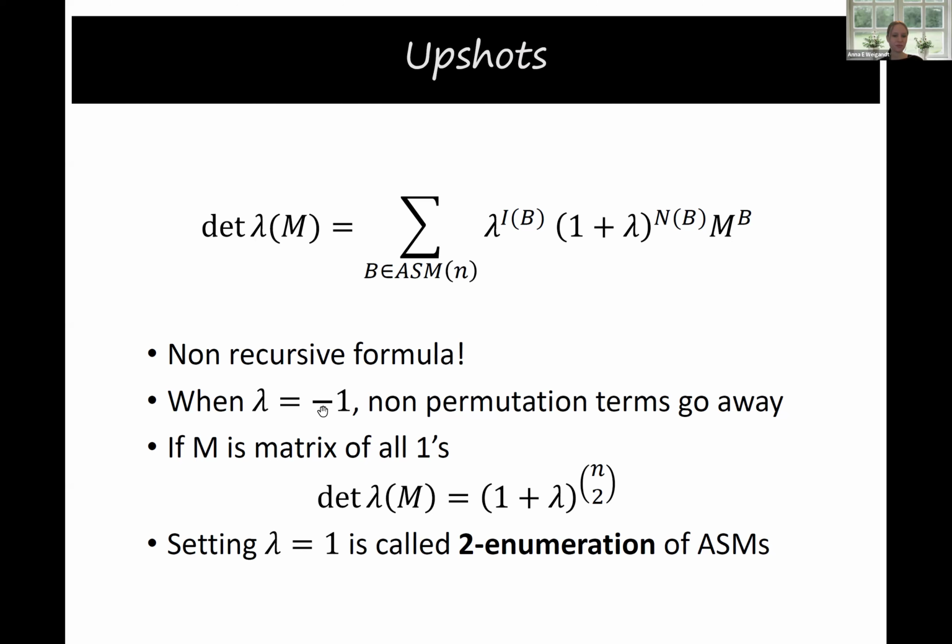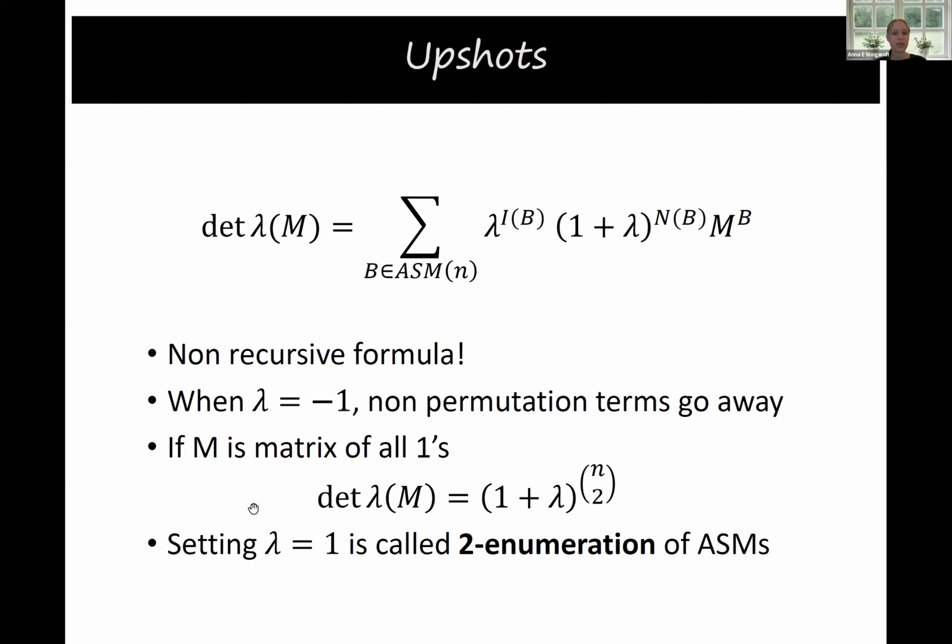So plugging in lambda equals -1 just turns into the ordinary way to define the determinant of a matrix as a sum over permutations, where you take the sign of the permutation and multiply it by the right entries picked out from the matrix according to the permutation.